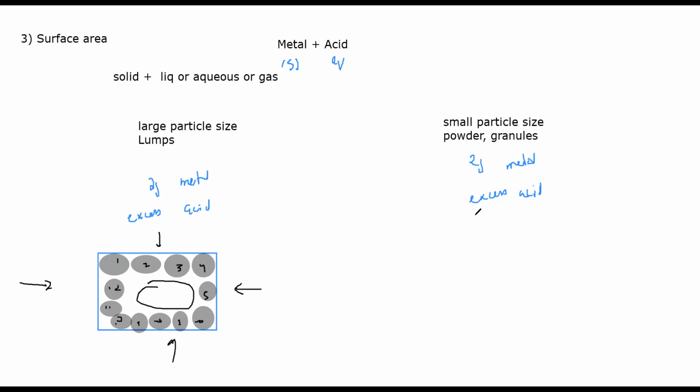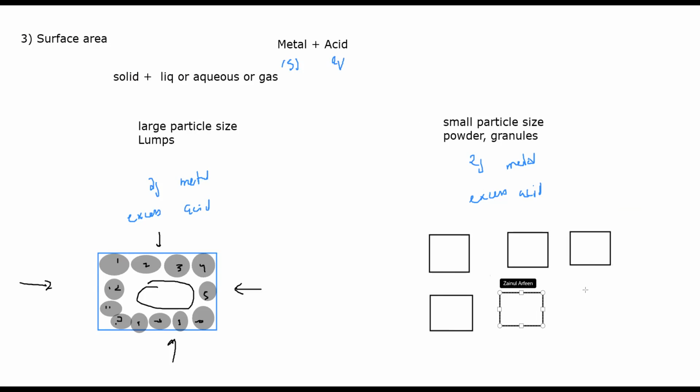But if I crush this into smaller pieces, the same 2 grams but smaller particles, like in a powder form, and I draw the structure for this, it shows the particles at the surface.